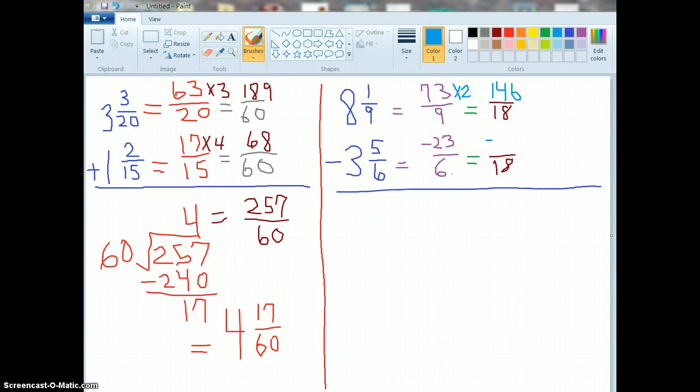Same thing with the second denominators, second pair. How much could 6 go into 18? Right, that will go 3 times. So we multiply 23 also by 3. And that will give us 69.